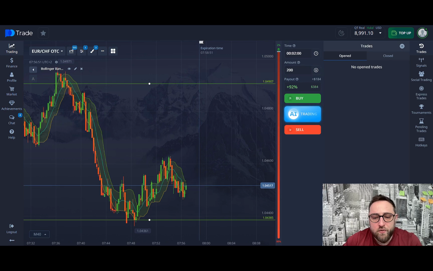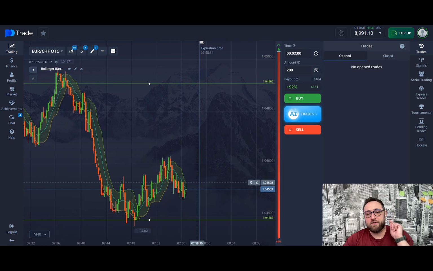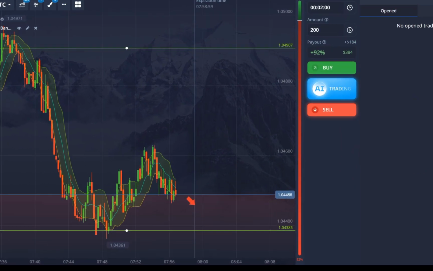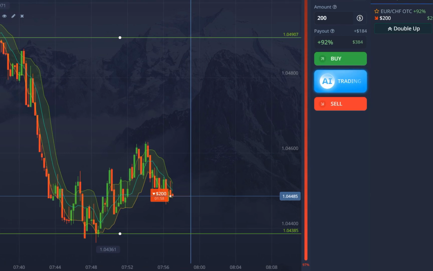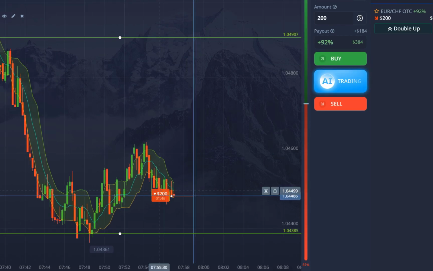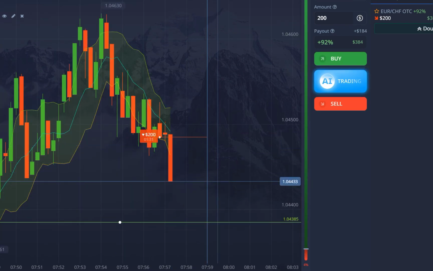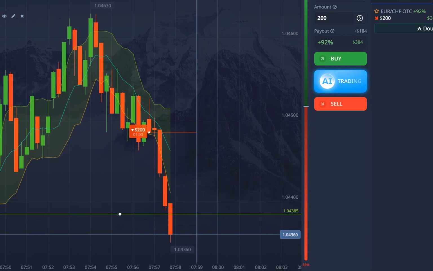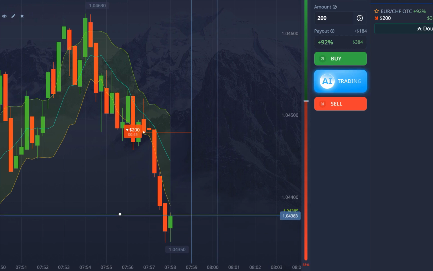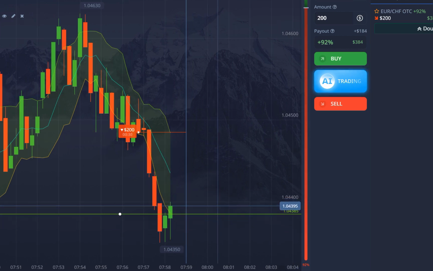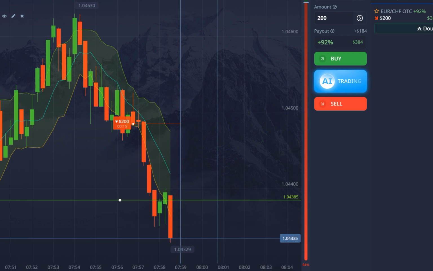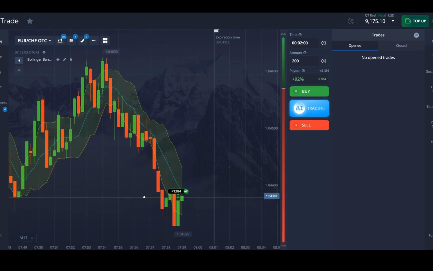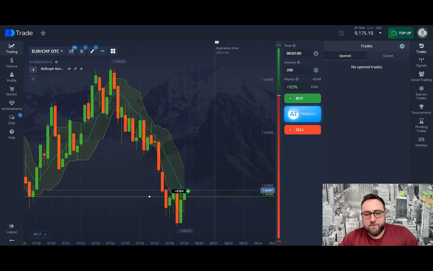We will open a downward trade and double it to recover our previous loss. Yep, so the trade closed confidently in the plus.